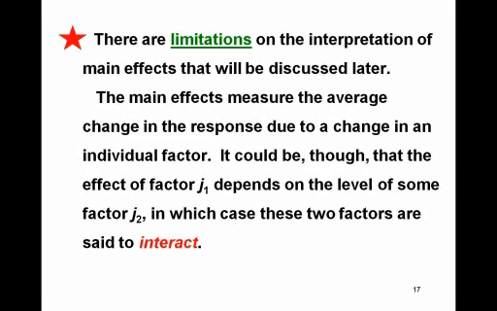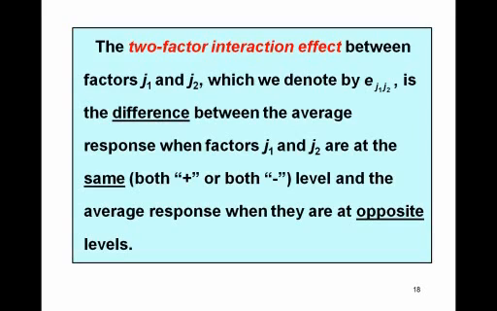Now, the main effects measure the average change in the response due to a change in an individual factor. It could be, though, that the effect of factor J1 depends on the level of some other factor, let's say J sub 2, in which case these 2 factors are said to interact.